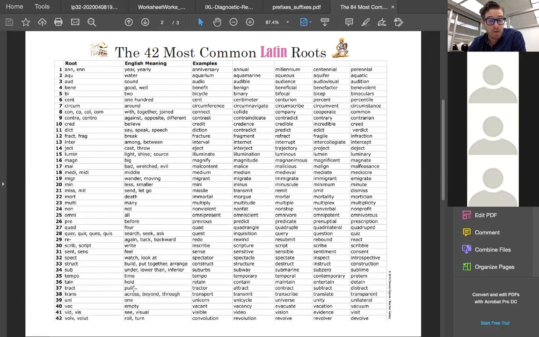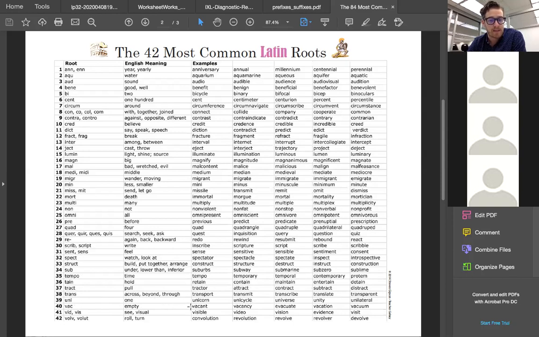Tain means to hold, so retain, contain, maintain. Tract, pull, all right? So we literally have a tractor. What's it do? Pull things. Attract means pulling you in. Contract, things like that. Trans means to go across, so transport, transmit, translate, transcribe. Uni means one, so unicorn, unicycle, universe.